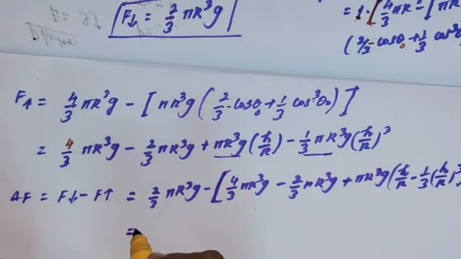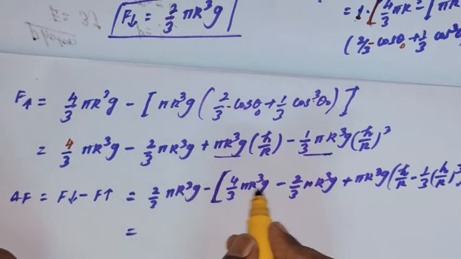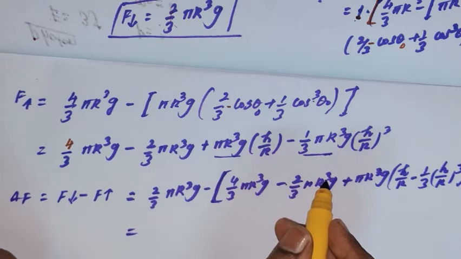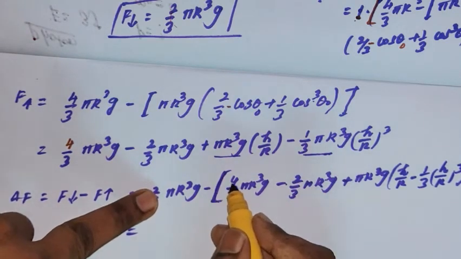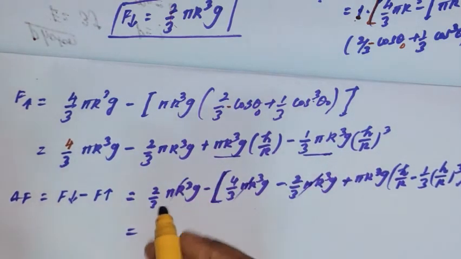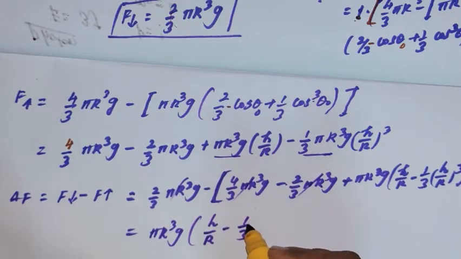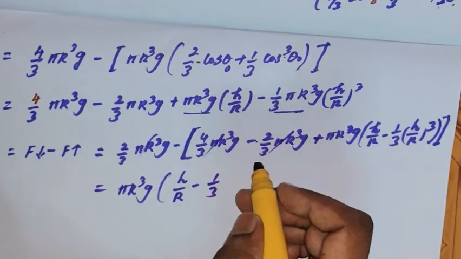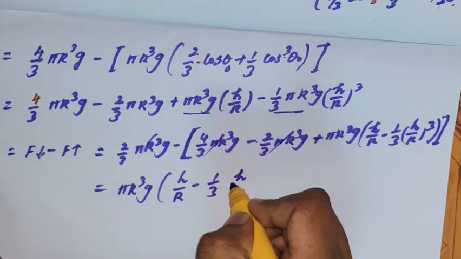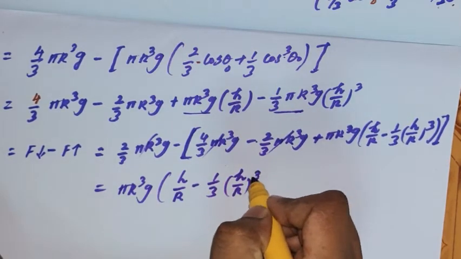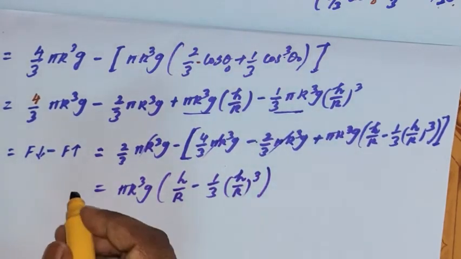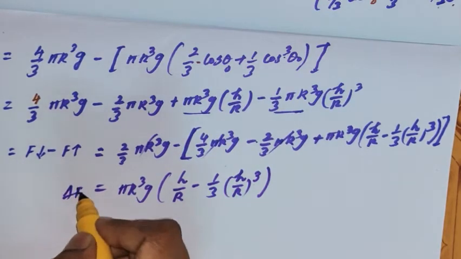So this is equal to, here 2 by 3 pi r cube g, here minus into minus is plus 2 by 3 pi r cube g, it's a 4 by 3, here minus 4 by 3, you can cancel these two. So it is equal to pi r cube g times h by r minus 1 by 3 h by r whole cube. So this is delta F.